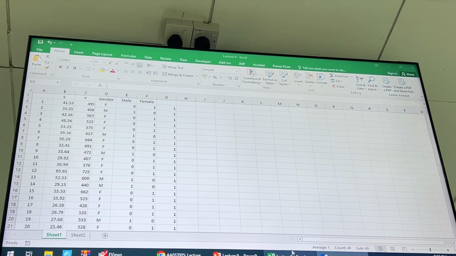So if you have 3 different categories, let's say education level: primary school, secondary school, and tertiary school. You have three categories of education level. For each observation, only one out of three equals one.